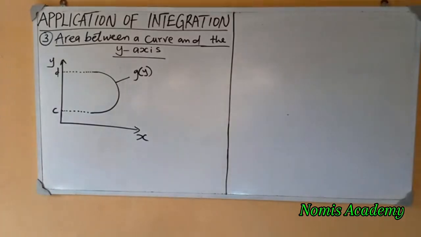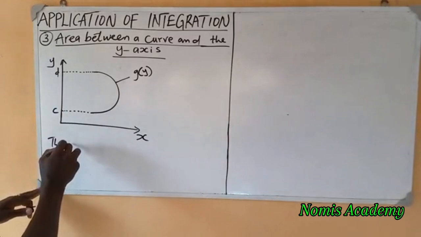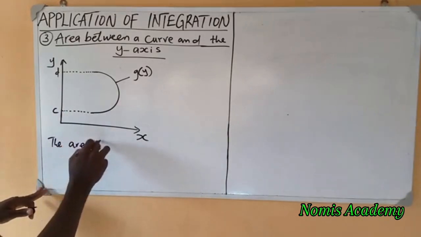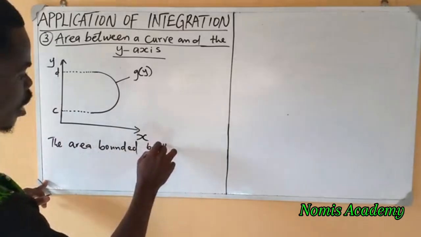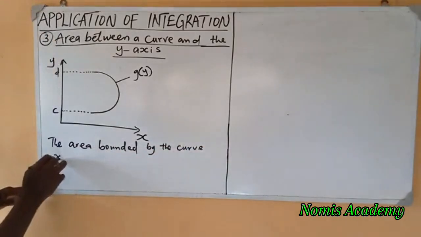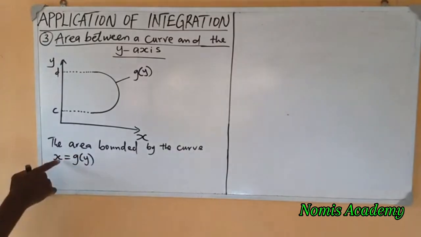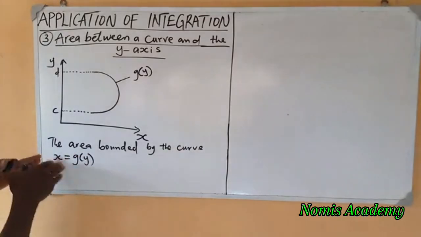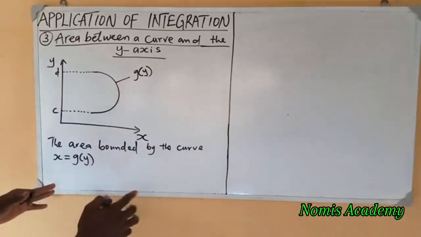All right, so the area bounded by the curve. The curve is giving us x equal to g of y. You can see x here is the dependent variable, y is the independent variable.